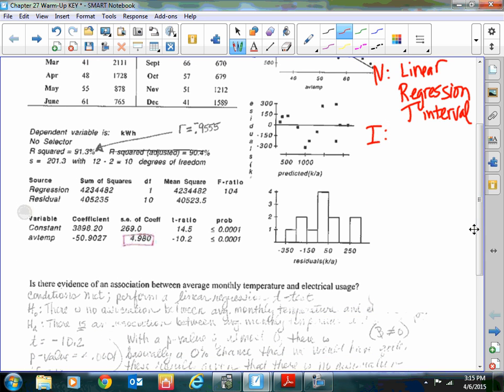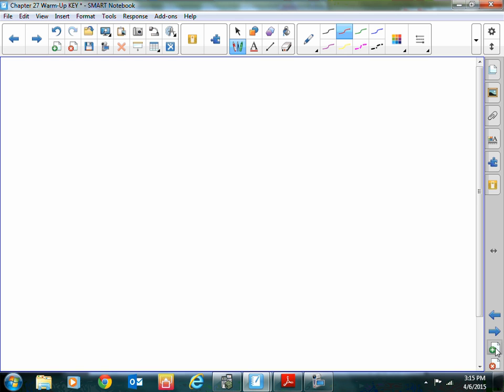All right, so from the formula chart, the formula for making the interval, actually, I'm going to do this on a bigger space. So the formula for making the interval is this. You have the sample slope, whatever slope you got in your sample, plus or minus the critical value. That is the t star.